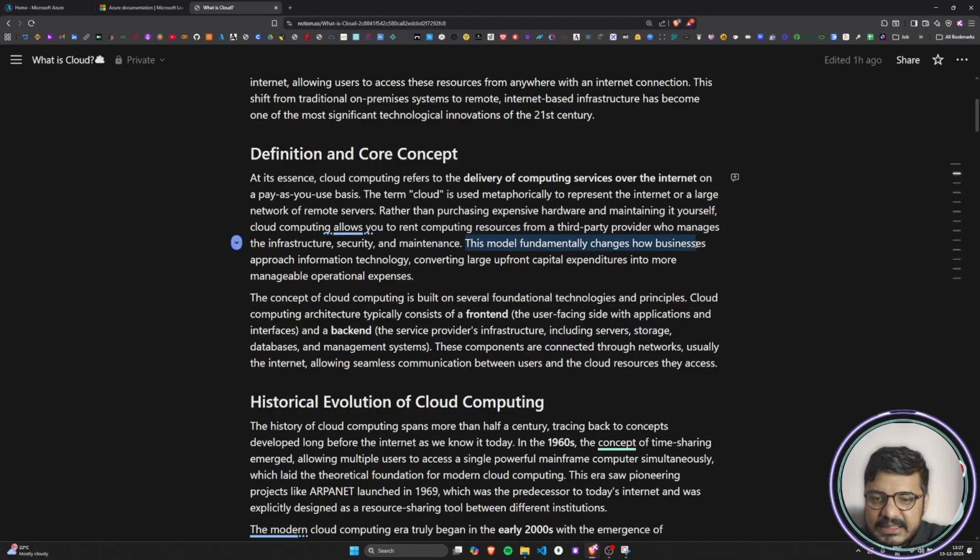This model fundamentally changes how businesses approach information technology, converting large upfront capital expenditures into more manageable operational expenses. If we go ahead with the on-prem system, there will be an upfront large capital expenditure, because we will have to buy all the hardware and hire a team who can manage the networking, the infrastructure, and the security.